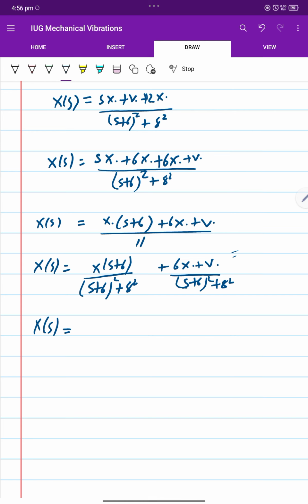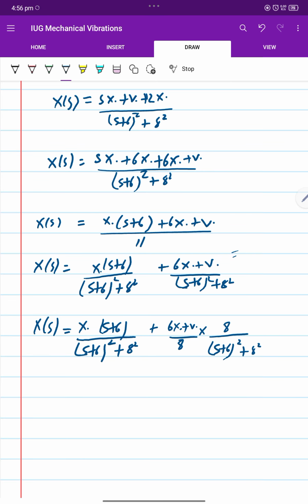So it becomes x naught into s plus 6, just leave it like this, square plus 8 square, plus, maybe we can multiply and divide this by 8, so it becomes 6x naught plus v naught divided by 8 into 8 divided by s plus 6 square plus 8 square.